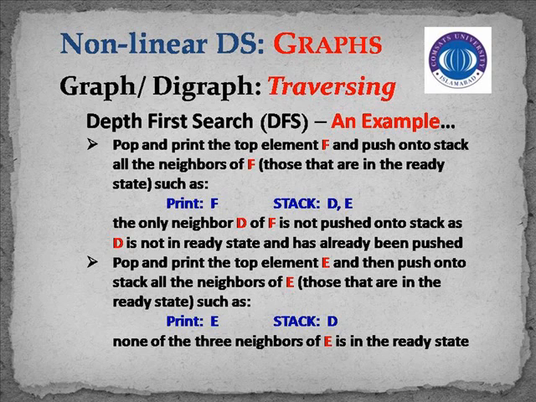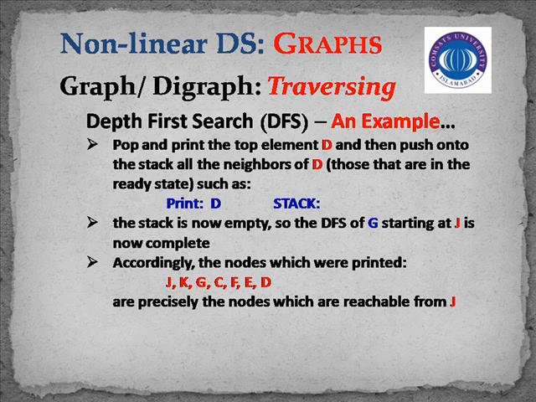Pop and print the top element E, and then push onto the stack the neighbors of E that are in the ready state. None of the three neighbors of E is in the ready state. Finally, ladies and gentlemen, pop and print the top element D, and then push onto the stack all the neighbors of D that are in the ready state. As you may have noticed again, the stack is now empty.